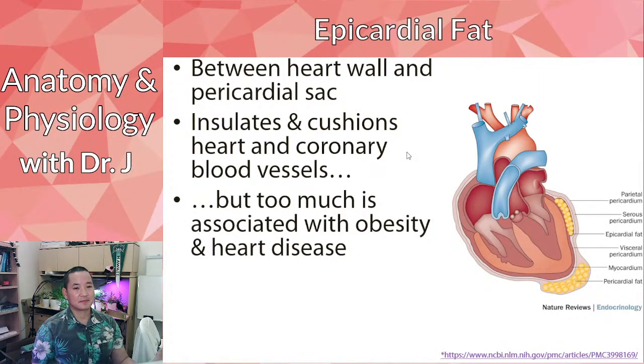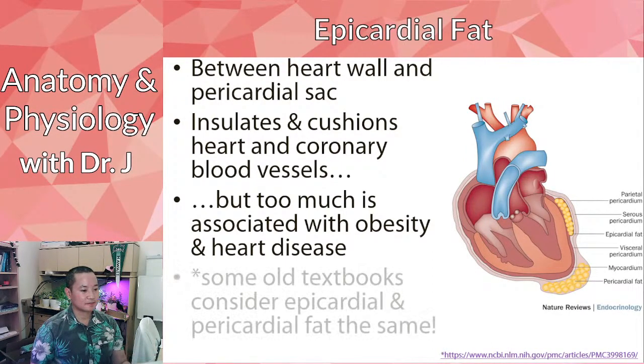But when someone has a high body fat percentage and an obese BMI, they have an increased risk of heart disease. This is the link between increased adiposity, or increased body fat, and heart disease.